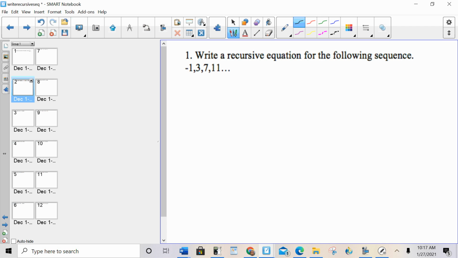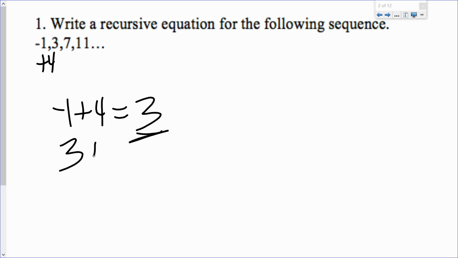So when we took a look at this sequence in the last lesson, we said, well, what am I doing? What's the pattern? I'm adding 4 to the previous term. So to get the second term, I'm adding 4 to get 3. To find the third term, I'm taking the previous term and adding 4 to get 7.